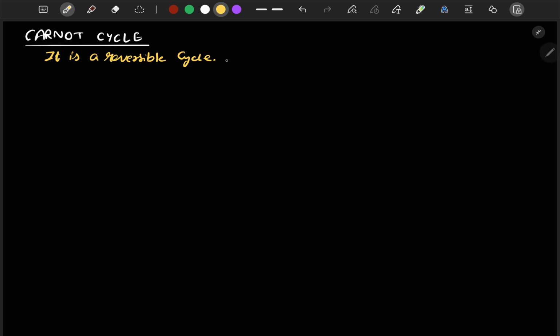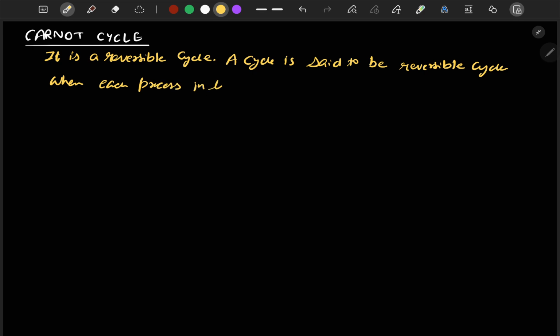So you should remember this point. A cycle is said to be a reversible cycle when each process in the cycle is reversible.